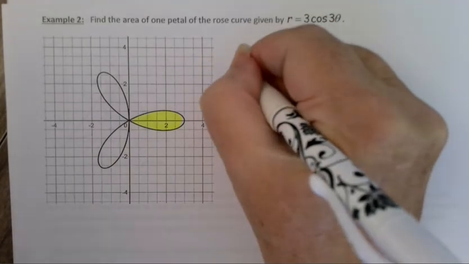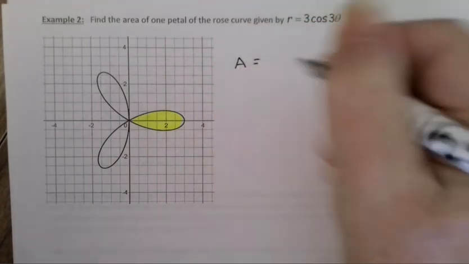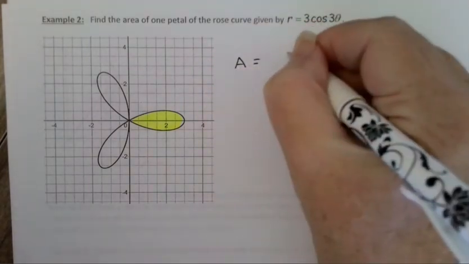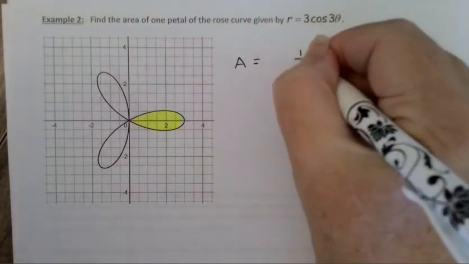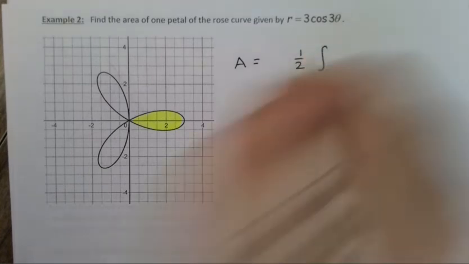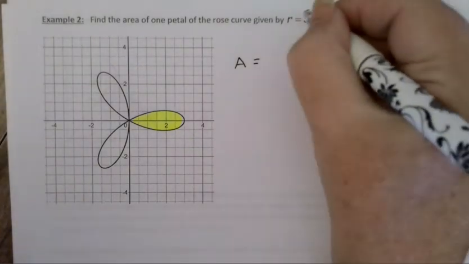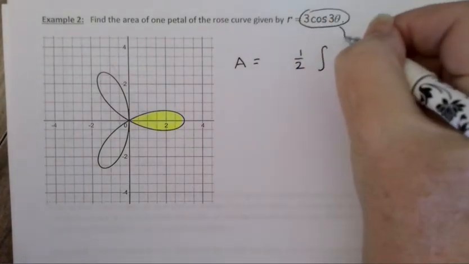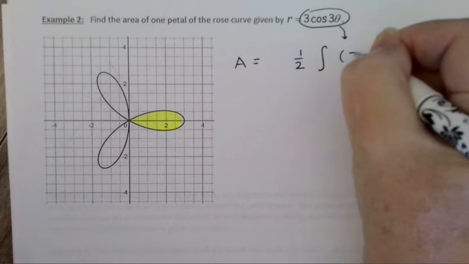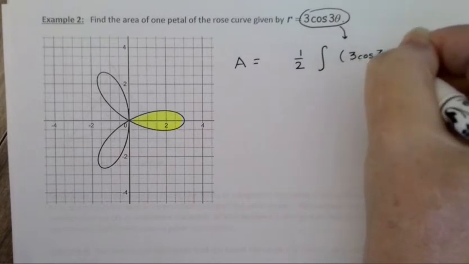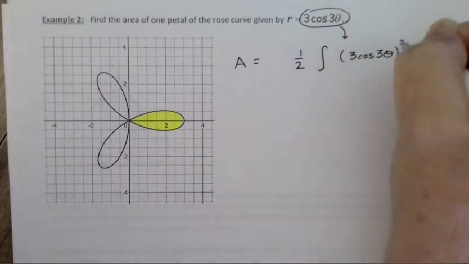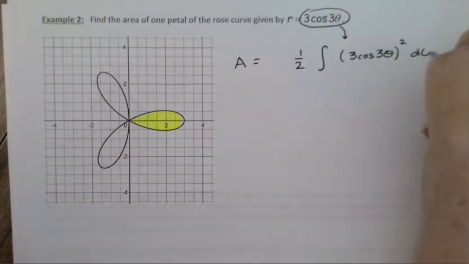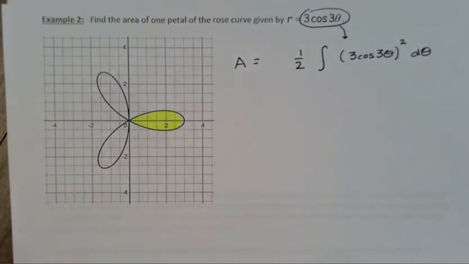All right. So once again, I know that I would have 1/2 times the integral of my f of theta squared d theta. And the next thing I need are limits of integration.